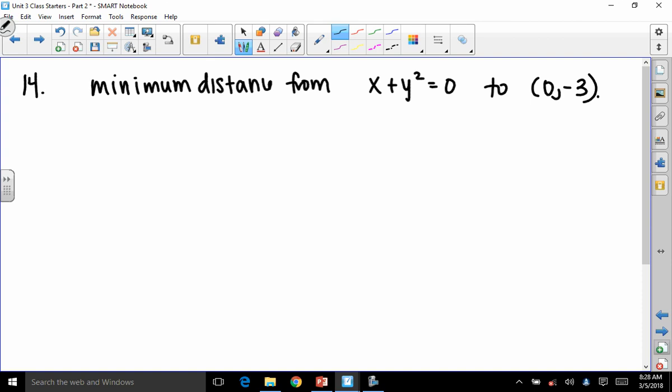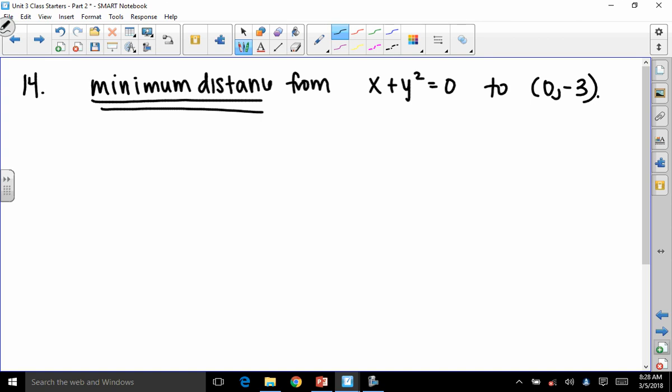You probably don't need a picture in this problem. If we want to minimize the distance, then we need an equation for distance.